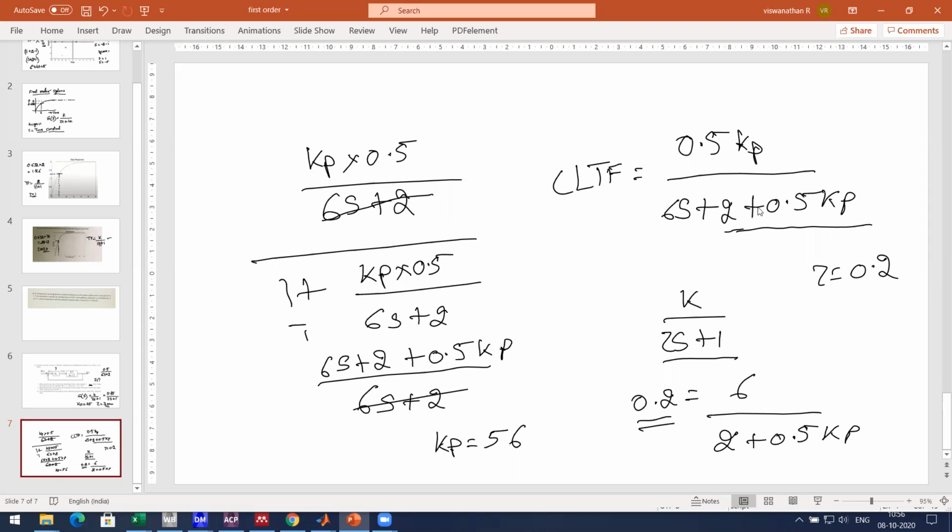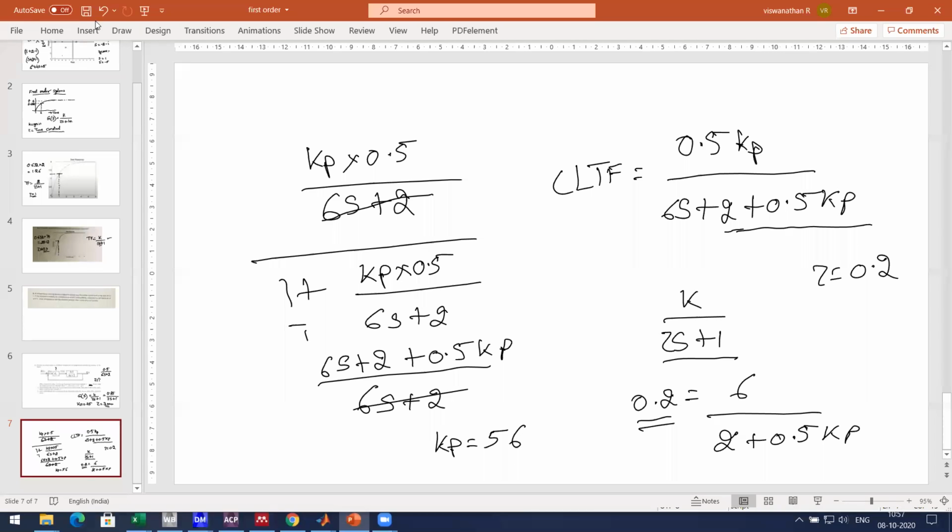Comparing the two equations, to get 1 we divide by the term 2 plus 0.5 kp, and since there is 6 here, 6 divided by that should be equal to the time constant 0.2. So if the time constant is 0.2, then kp will be equal to 56. That is what you have found out.